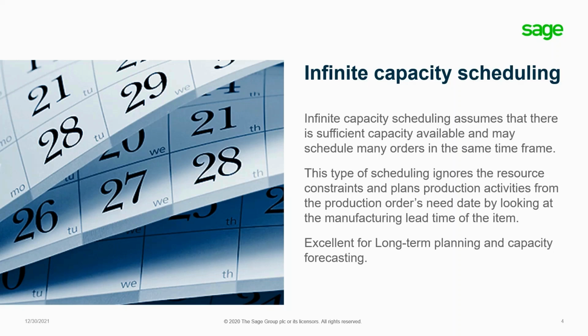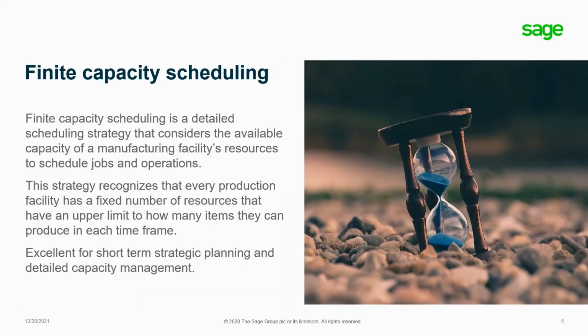Infinite capacity scheduling is great for long-term horizon planning and capacity forecasting, but not for managing a real-time, dynamic, ever-changing, and constraint-riddled production schedule. With finite capacity planning and scheduling, we create a more realistic schedule for the production processes than the infinite loading approach.